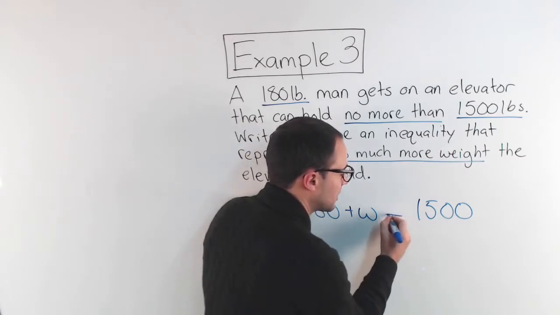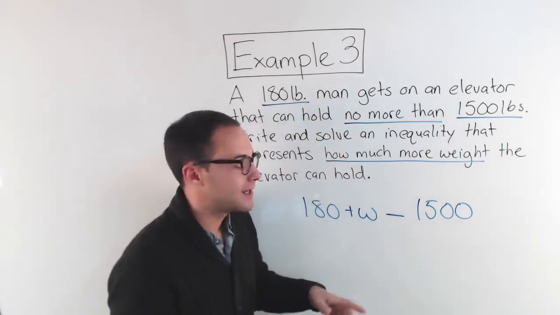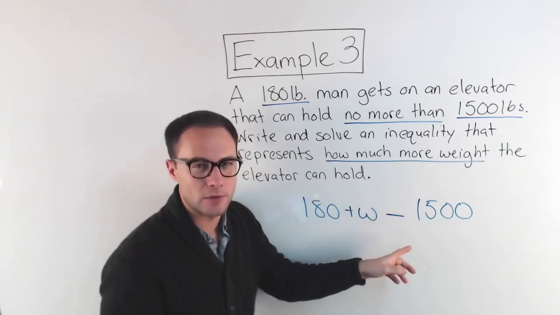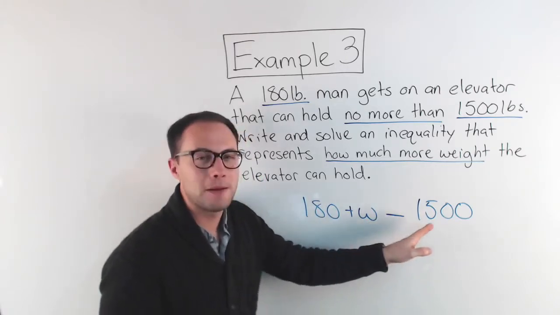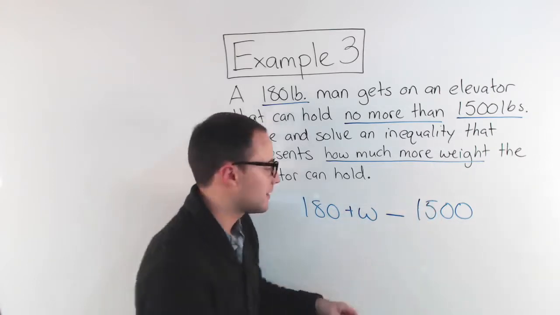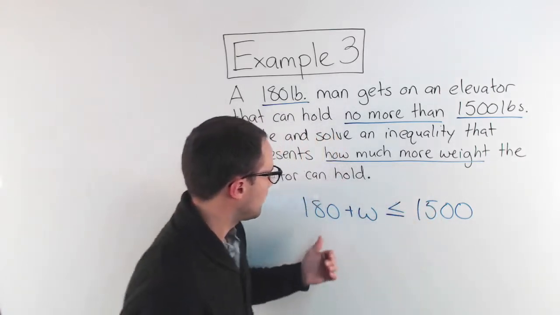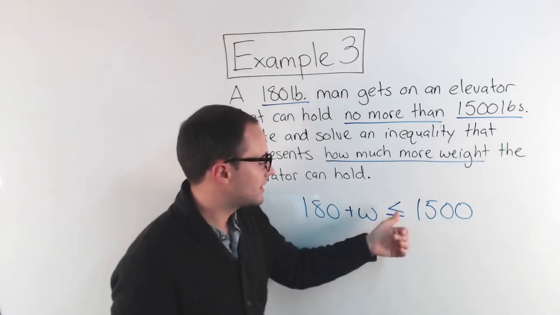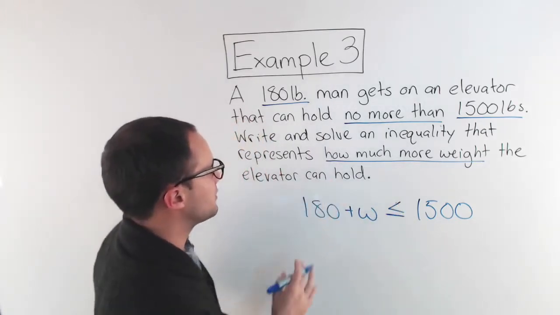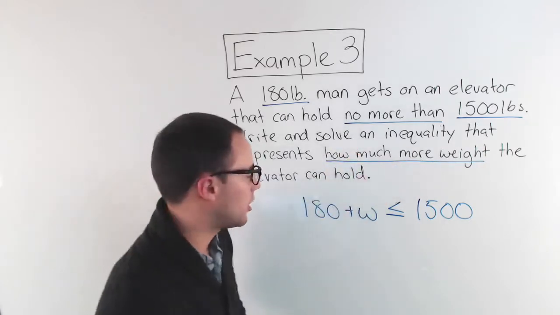So I know it's going to be or equal to. Now I'm just wondering, is it going to be greater than or equal to or less than or equal to? Well, if it can't be more than 1,500, that means it has to be less than that. So 180 plus W is less than or equal to 1,500 pounds. That's the first part. We wrote an inequality.